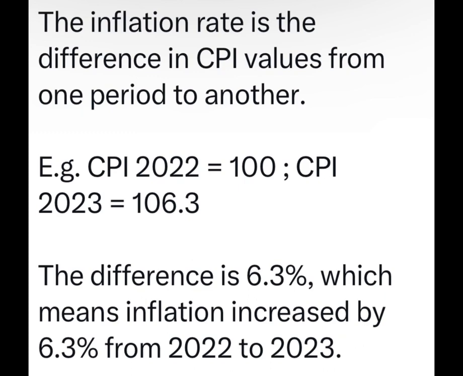One doesn't need to delve too much into it, but we are simplifying hard terminology and making it easy using very practical examples. So the difference is 6.3%, which means that inflation increased by 6.3% from 2022 to 2023. I hope that makes sense for everyone, and such a lovely example.